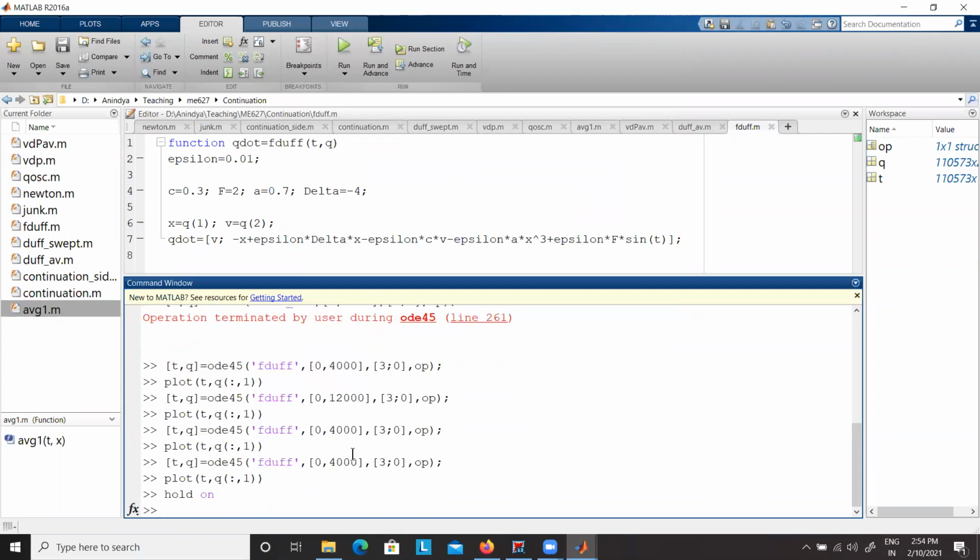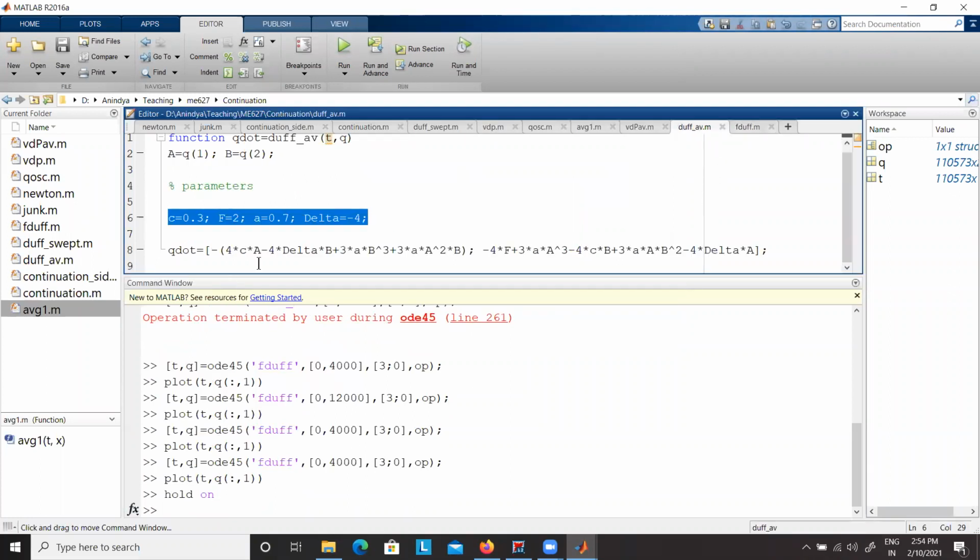Now I will come here and I will say Q dot is equal to Q dot times 0.01 by 8 to put it back to its old value, the correct value. You understand? Because I had epsilon by 8 previously.